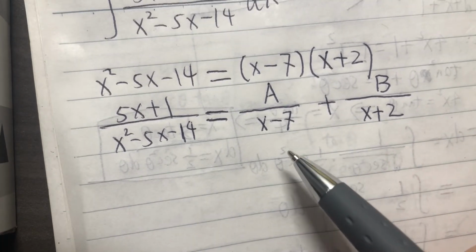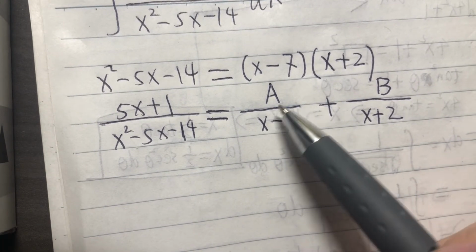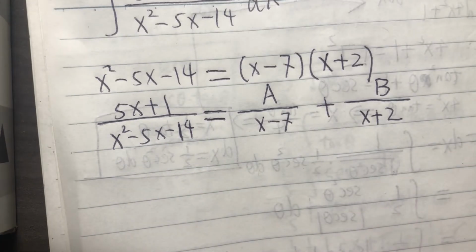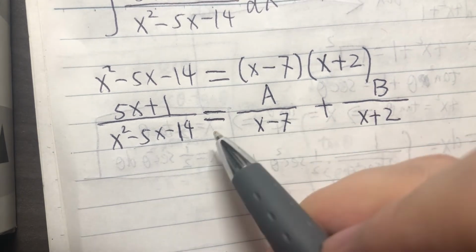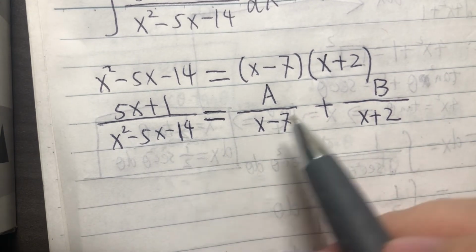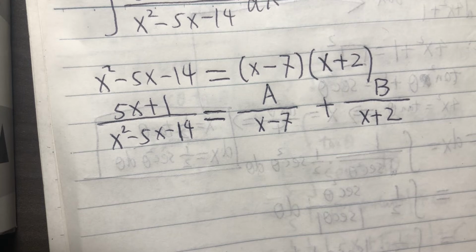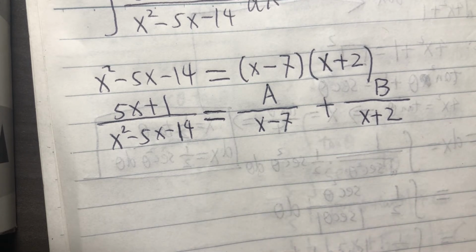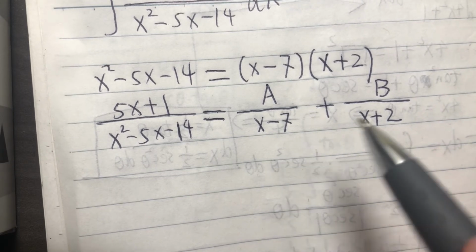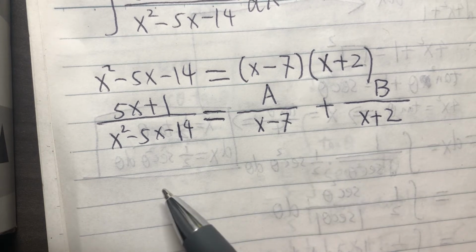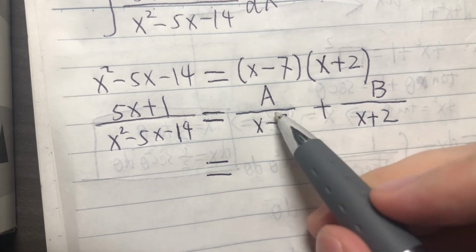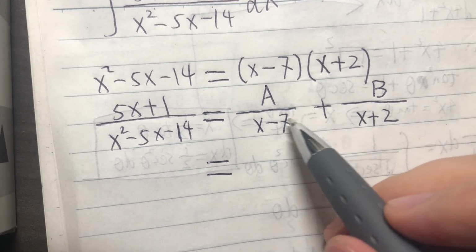Okay, we're going to find out what a and b are. So how to find this? Because this is an identity. So basically a and b are constants which make this an actual identity, an actual equation. A and b will make the left hand side equal the right hand side. So we find a common denominator.